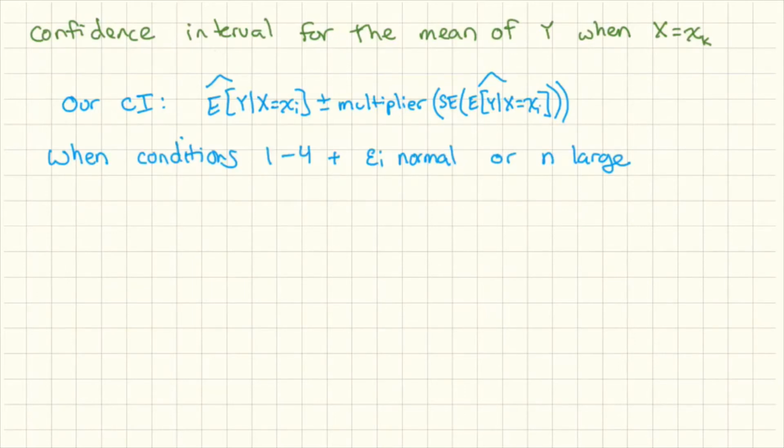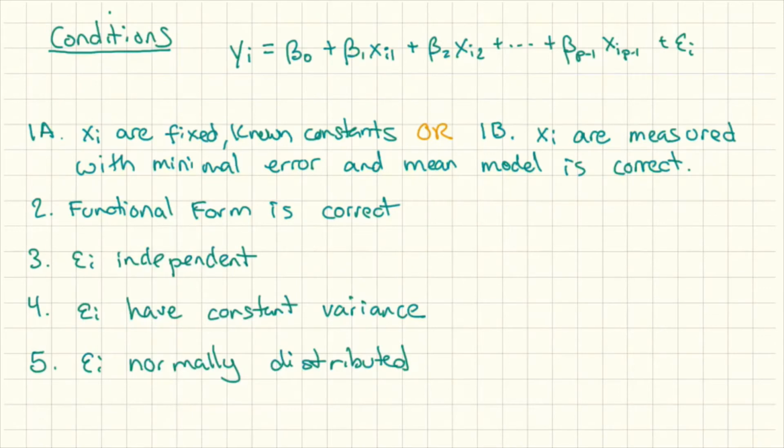And then we're going to look at some conditions. You'll recall our conditions. I put them on this slide over here. Just give you a second to remember that we have to have the correct mean model, and we have to have a good functional form, and we have to have independence and constant variance. Now, assumption 5 about the normal distribution.